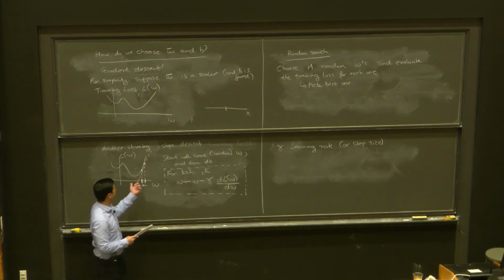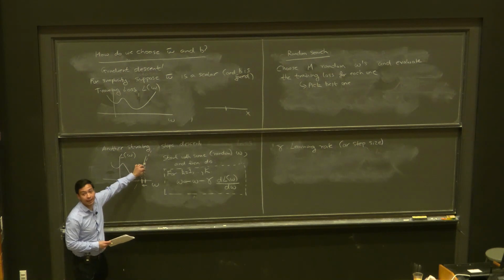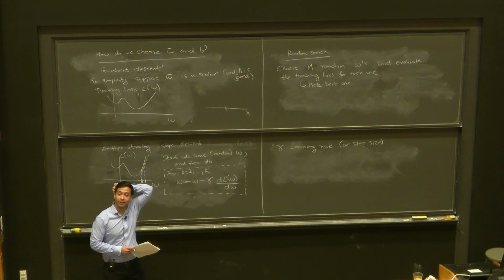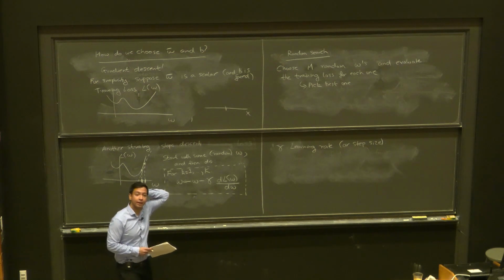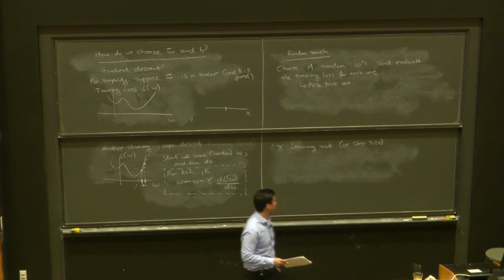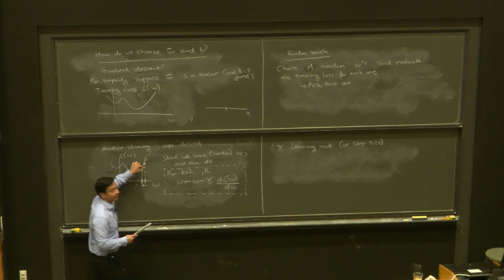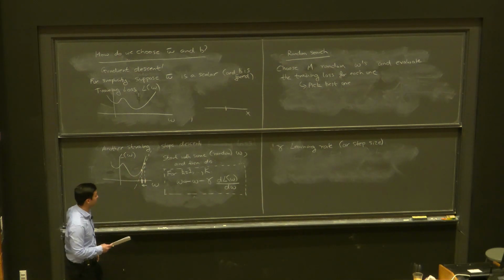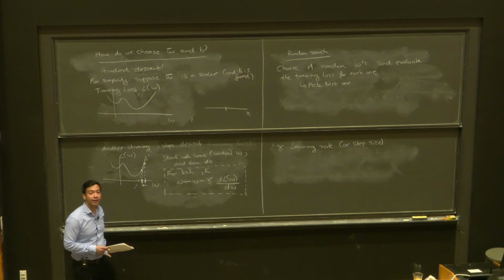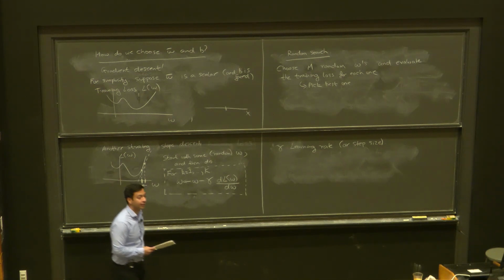So let's think about it. If you choose a small gamma, what might be the concern there? Go ahead. Yeah, it's really slow, right? If you make it really small, you'll keep moving in the right direction, but it might take you a long time to converge. If you choose it to be very big, what might be the concern there? Go ahead.